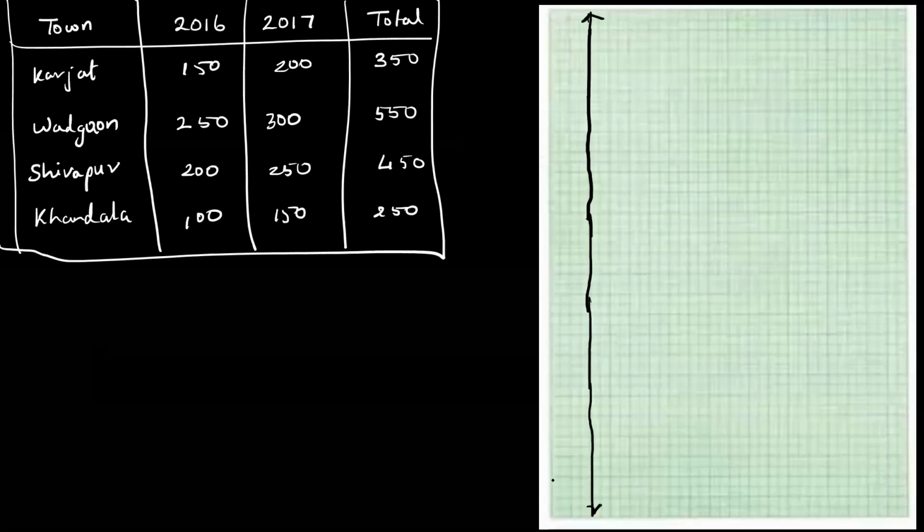Leave 2 boxes from below and draw another horizontal line. This is X, X dash. This is Y, Y dash, and this is 0.